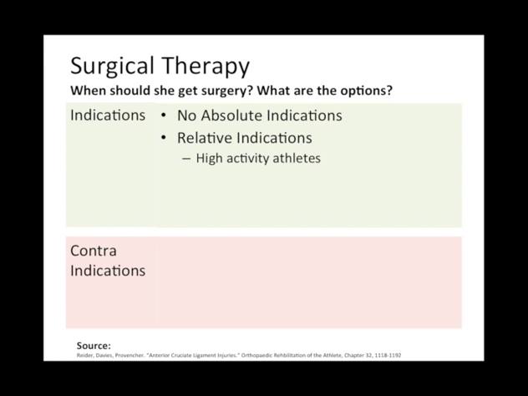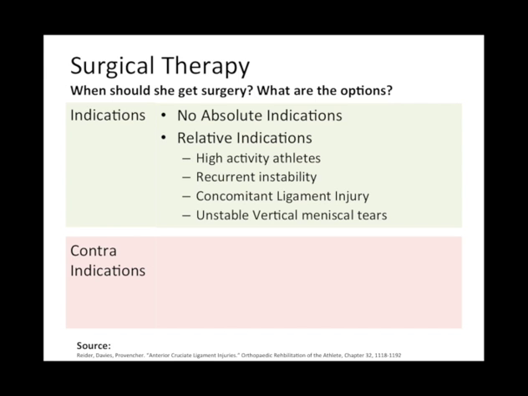High activity athletes, particularly those in cutting and maneuvering sports, if there are episodes of recurrent instability clinically, if we see concomitant ligament injury, that's persuasive to repair because there's some evidence that there could be more extensive soft tissue damage without repair, and unstable vertical meniscal tears.